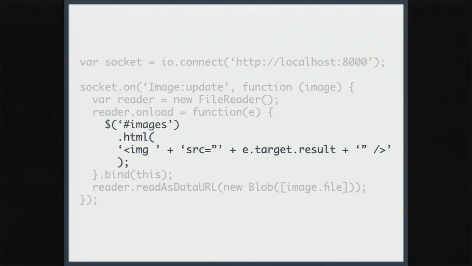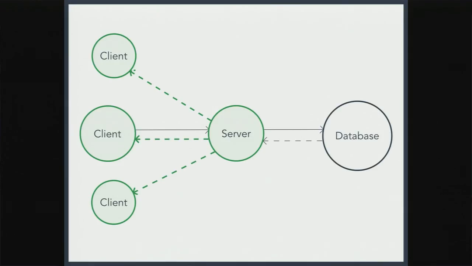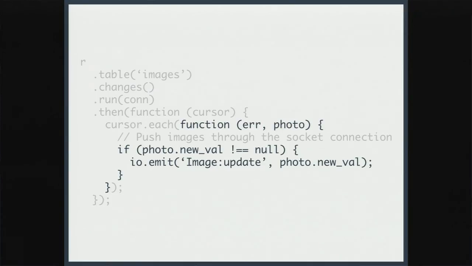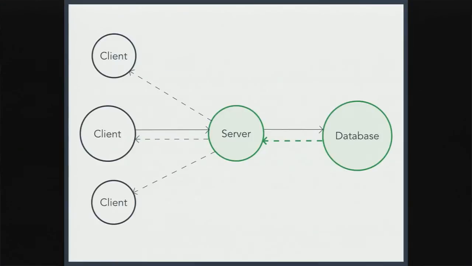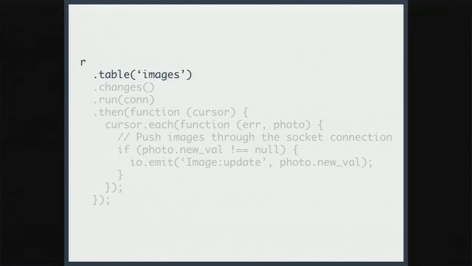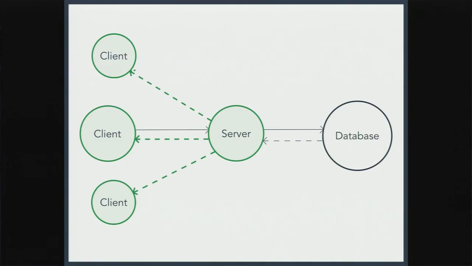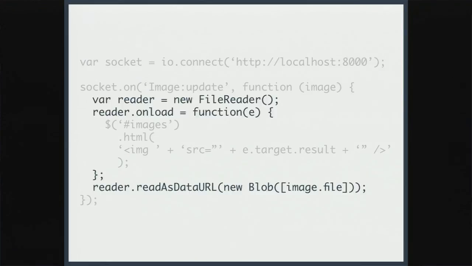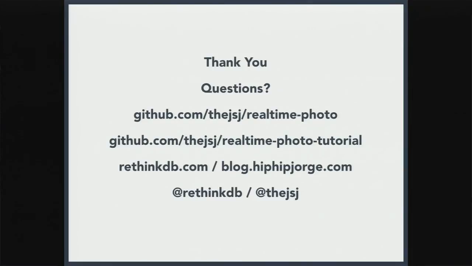Again, I want to point out that this callback has nothing to do with how we inserted the image. We were listening to changes in that table, and it is through that we updated the DOM by the socket connection. Does that make sense?